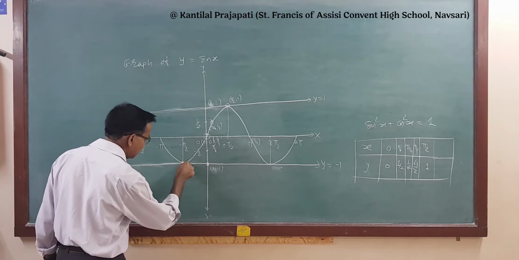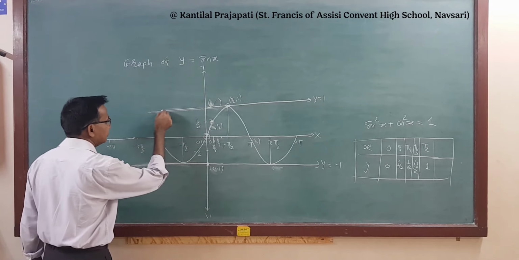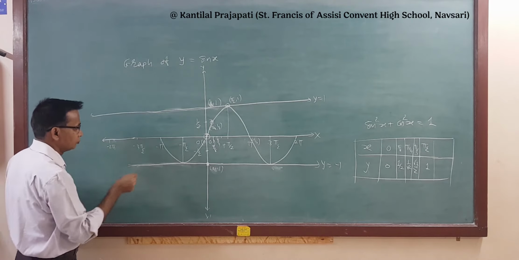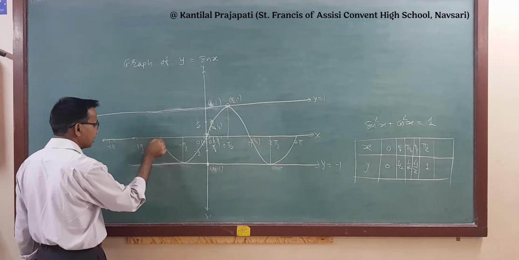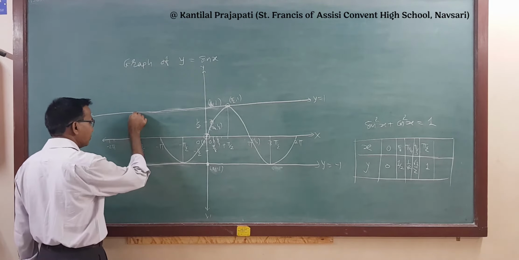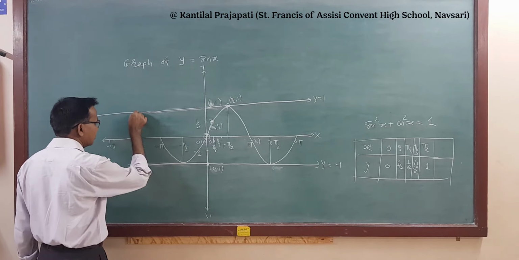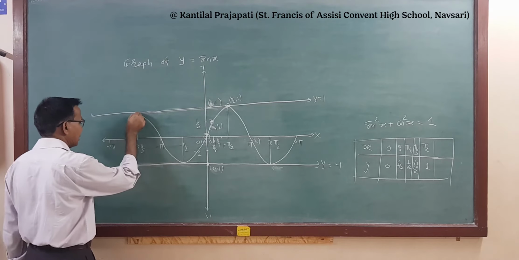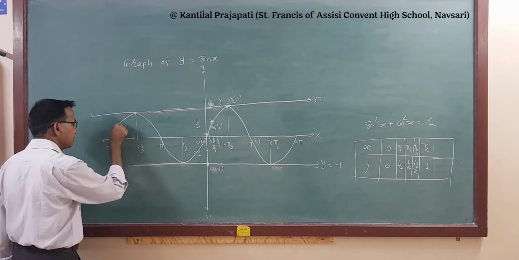Then sine of minus 3 pi by 2 is plus 1. And sine of minus 2 pi is 0.